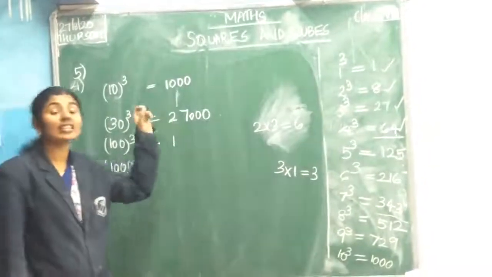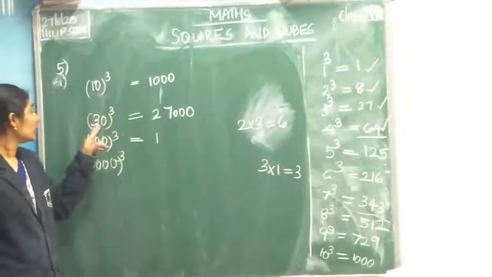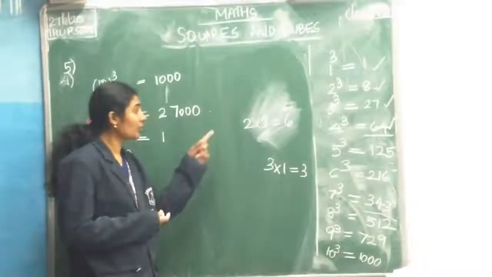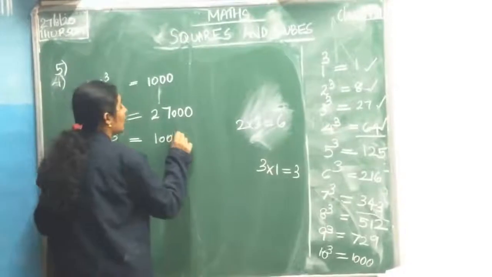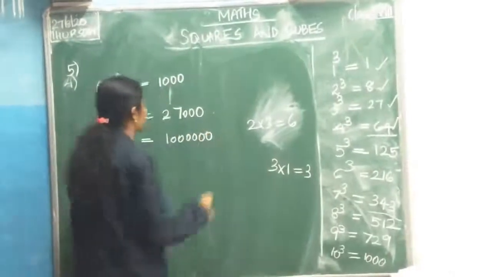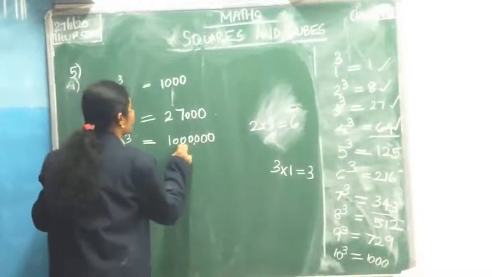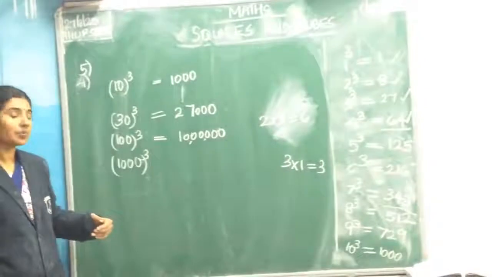You should write 6 zeros. So 1 cube you will get 1. 0 is coming 2 times. If you take 3 times, you will get 6. 6 zeros you should write there: 1, 2, 3, 4, 5, 6. So this one is the answer. See, without multiplying, easily you can find the answer.